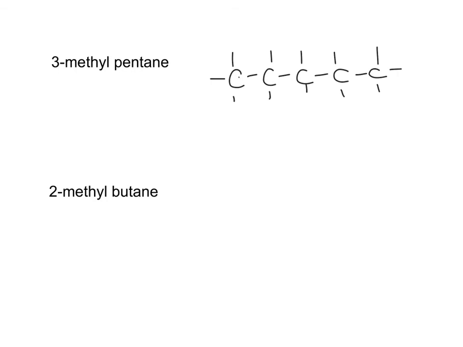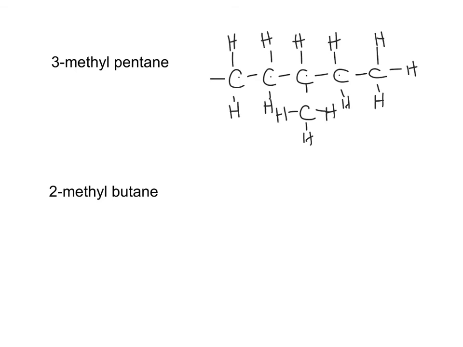So 1, 2, 3 would put me here. 1, 2, 3. It doesn't matter which end you count from. It's the same carbon. Sometimes we write CH3 just like that and put in all the others as hydrogens.